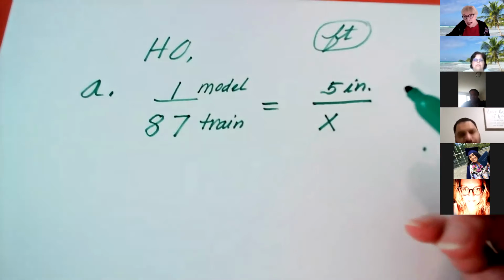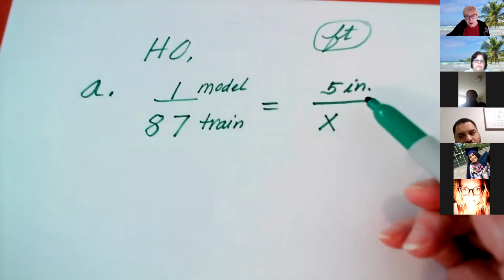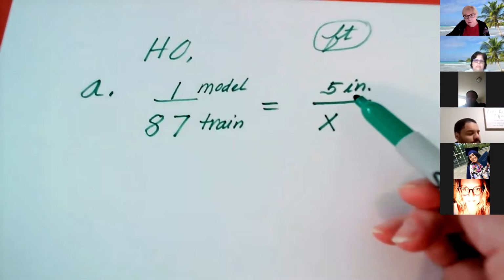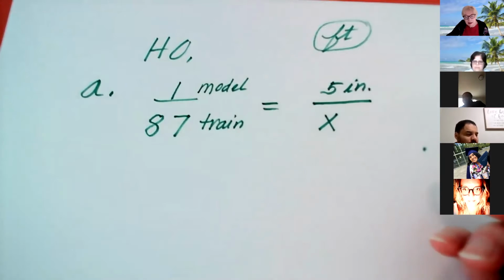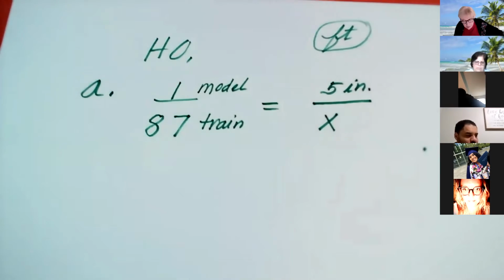Right? And so either I change it to feet right now, and it's not going to be a nice number. Let me see what a decimal number would look like. 5 divided by 12, clear. Ugly. All right.